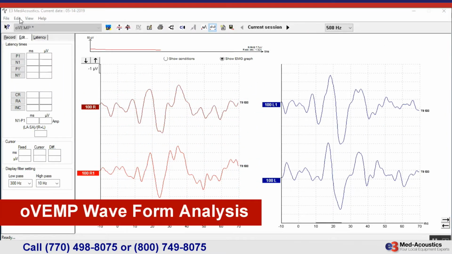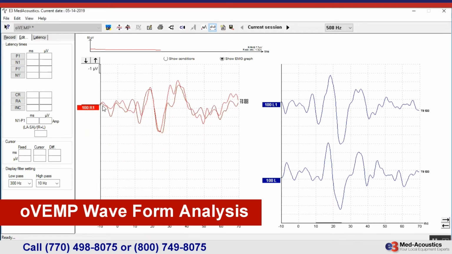Okay, so now we have recorded a VEMP response from left and right. In fact, we did a replication of each one, as you can see. And we always do a replication so that we're assured that we do have a valid physiological response. And I also like to see that there isn't much difference between the first one and the second one on the same side.